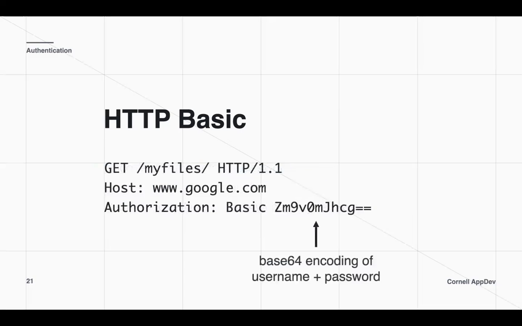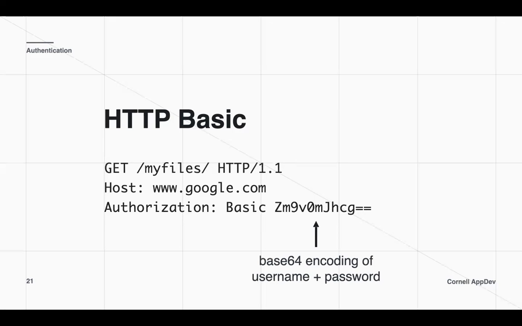Here is an example where we're making a GET request to my files via HTTP. We're sending this to google.com, and the authorization header has the word Basic. And then after that is a bunch of random letters and two equal signs. Two equal signs show that it's a base64 encoding.